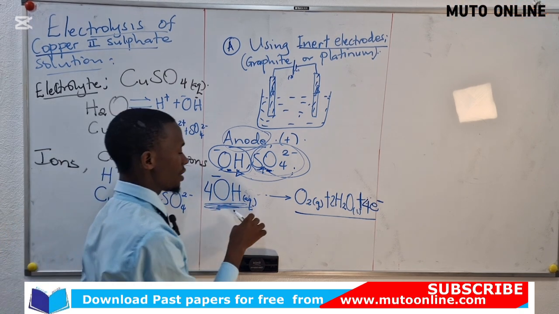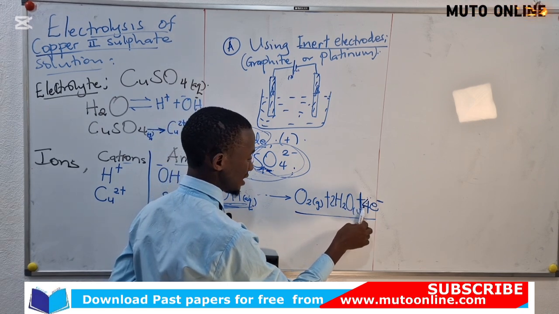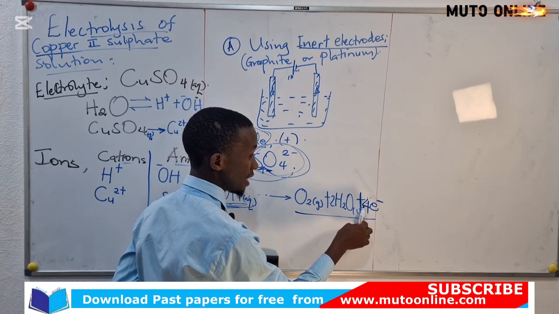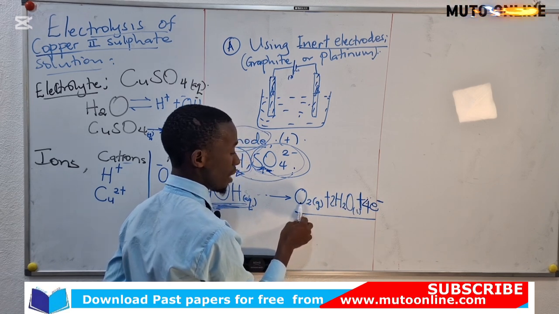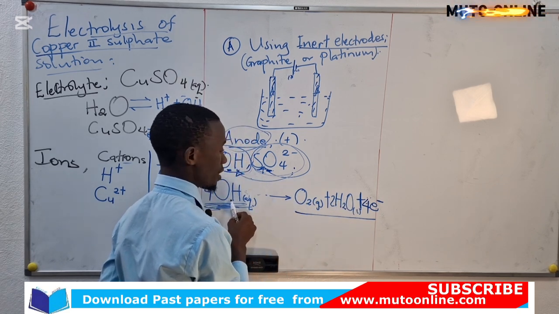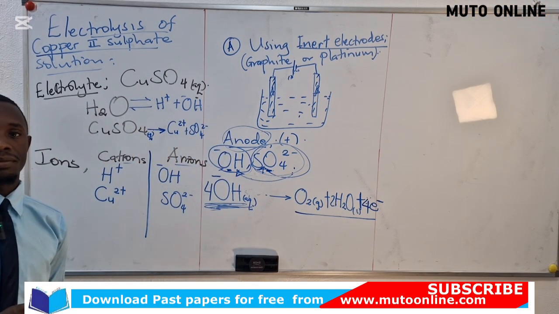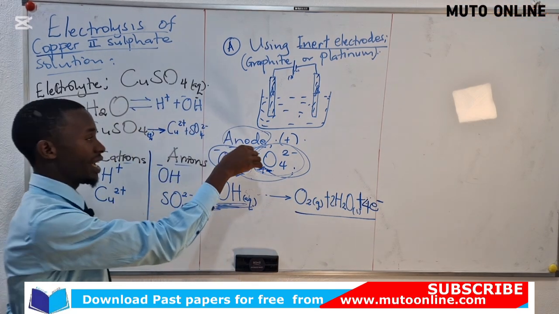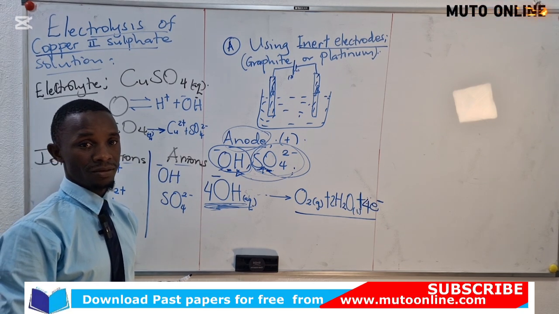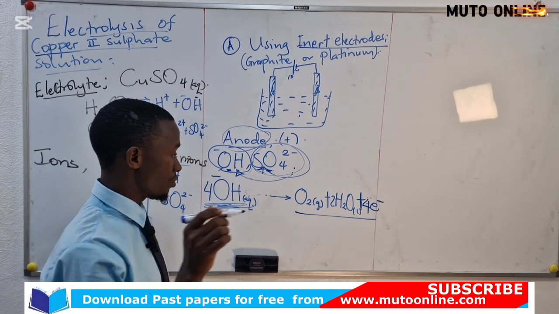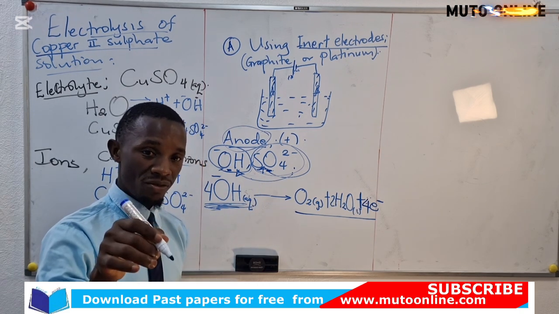Hence, they will easily be discharged by losing electrons, that is oxidation, to form oxygen that will be seen as bubbles forming around the anode, and water. So that is simply the chemistry at the anode in words. If you want to rehear this, you can rewind the video.